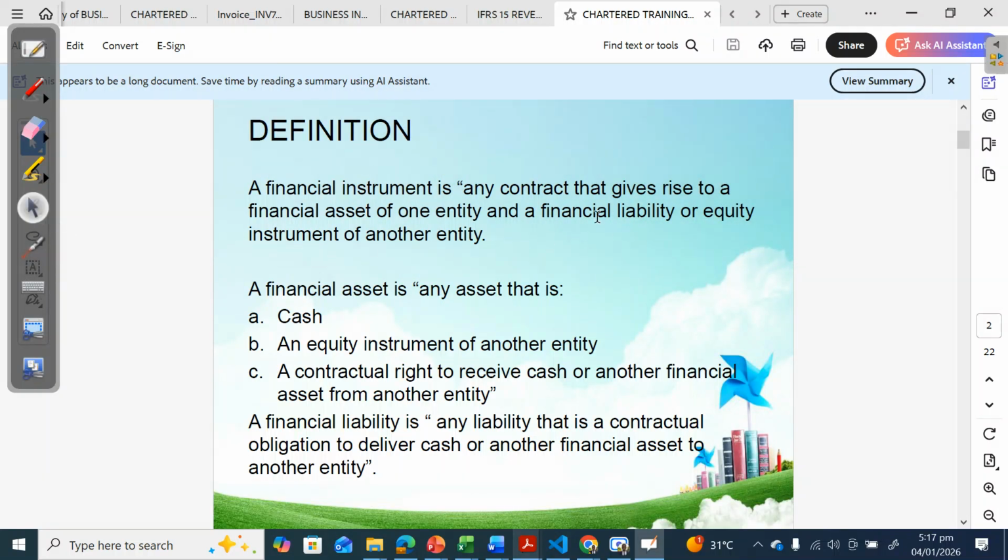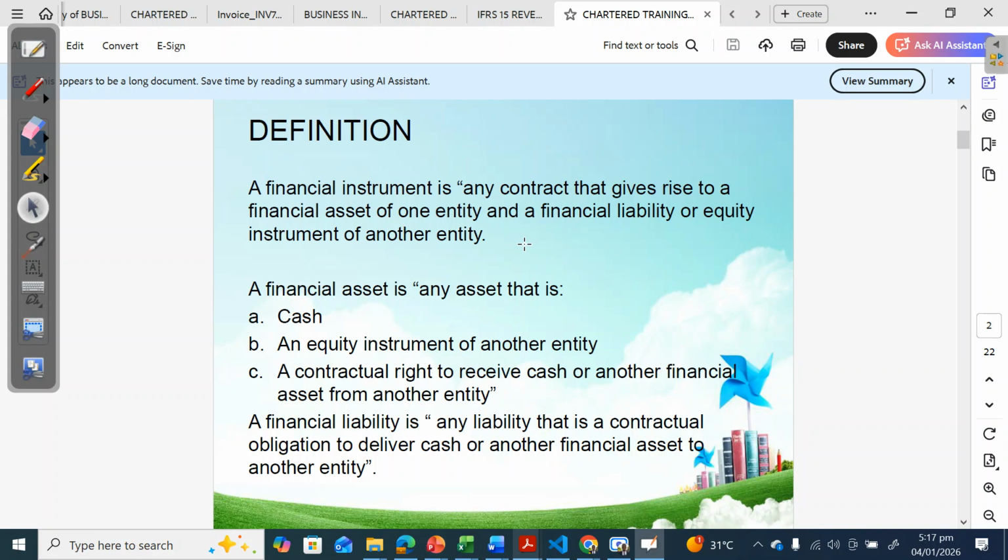So financial instruments are contracts, or any contract that gives rise to a financial asset of one entity and a financial liability or equity instrument of another entity. Like I said, it's an arrangement to raise funds or to raise capital.